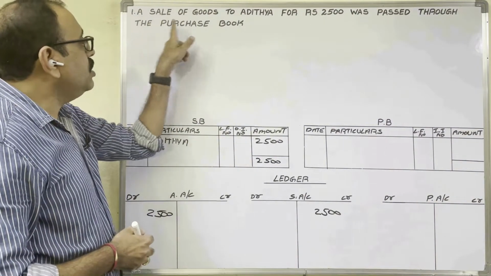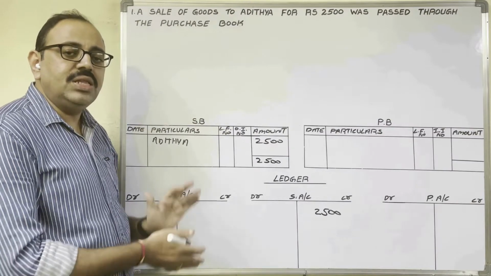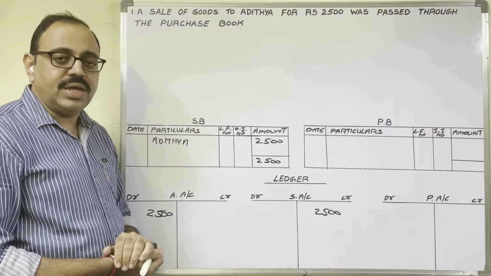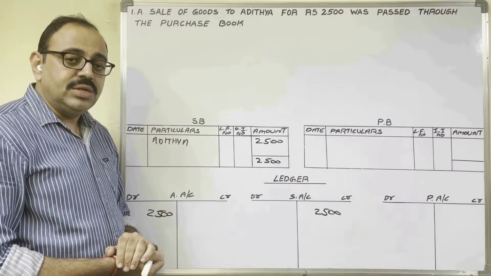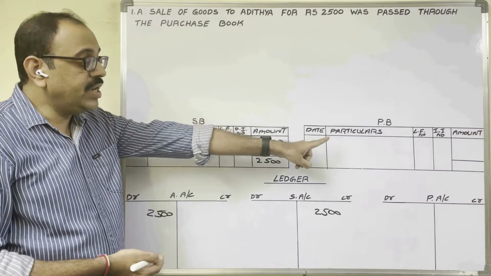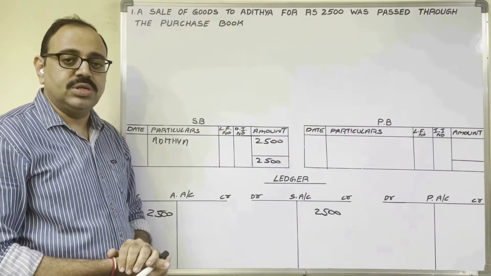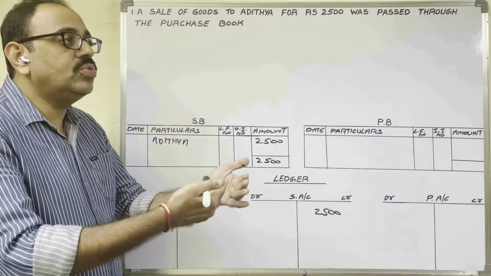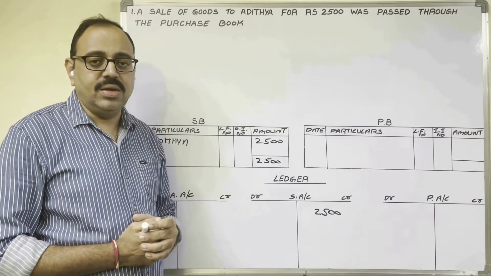Now observe what is the mistake. Was passed through the purchase book. Actually this is sales transaction. Firm sold goods to Aditya on credit. But instead of recording in sales book, accountant recorded this transaction in purchase book. Means wrongly we recorded as purchased goods on credit from Aditya.